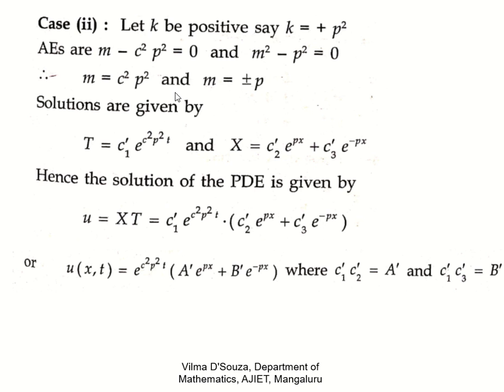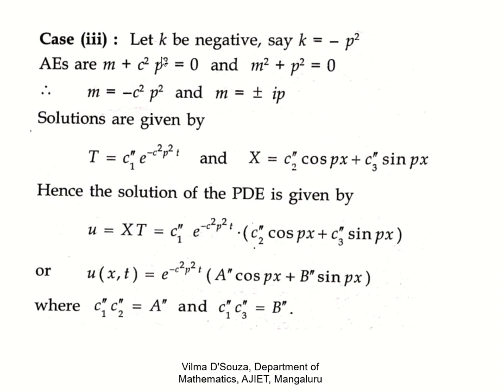So you have a similar case, case 3. The auxiliary equations are m plus c²p² equals 0, and here m² plus p² equals 0. So what is m here? Minus c²p², and here m is plus or minus ip. So what is the solution?